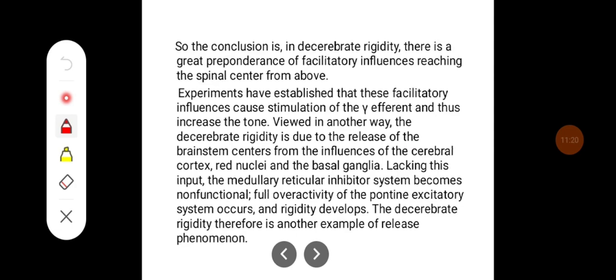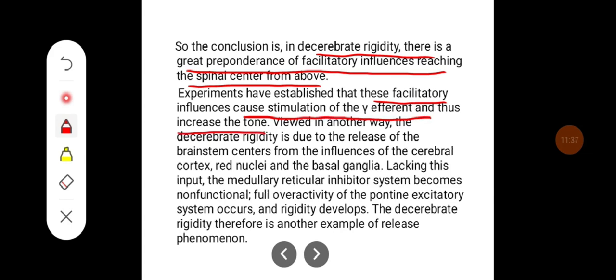So the conclusion is, in decerebrate rigidity, there is a great preponderance of facilitatory influence reaching the spinal center from above. The experiments have established that these facilitatory influences can cause stimulation of the gamma efferents and thus increase the tone. Viewed in another way, decerebrate rigidity is due to the release of brainstem centers from the influence of the cerebral cortex, red nuclei, and basal ganglia.